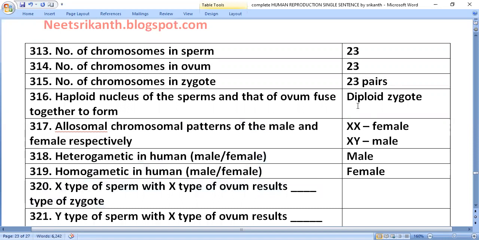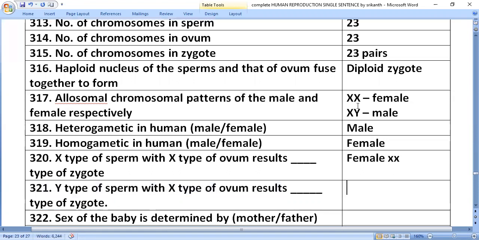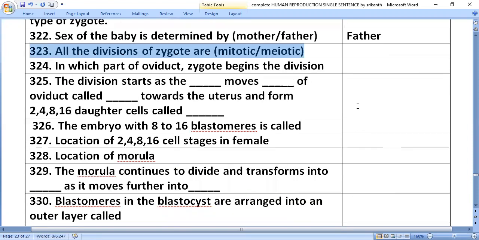An X type of sperm with an X type of ovum results in what type of zygote? A female zygote, XX. A Y type of sperm with an X type of ovum results in an XY zygote, that is male. In human beings, the sex of the baby is determined by the father, by the Y chromosome.